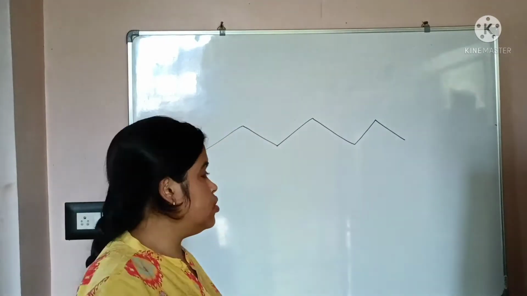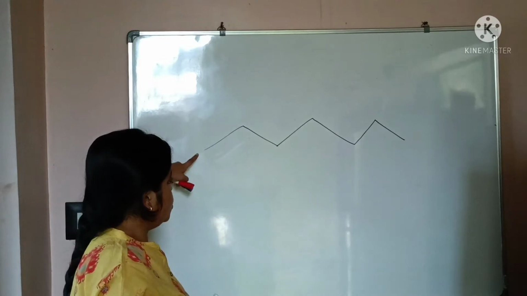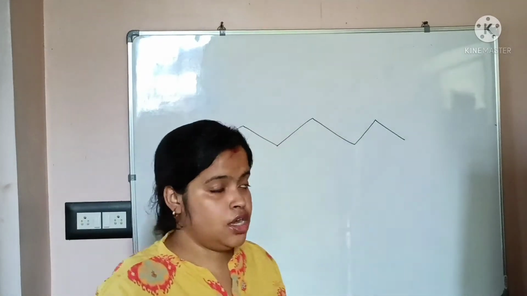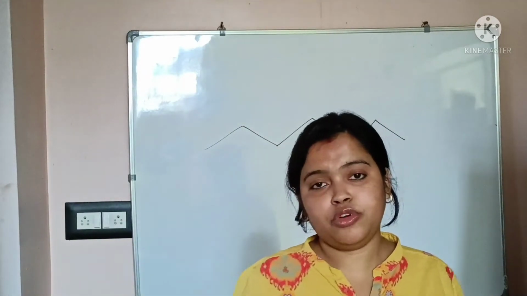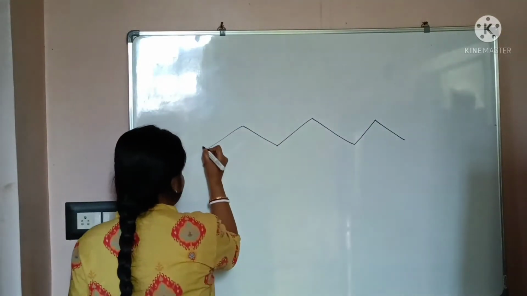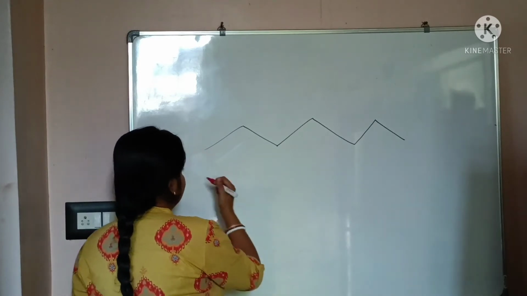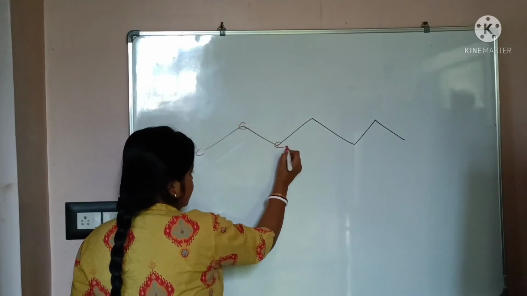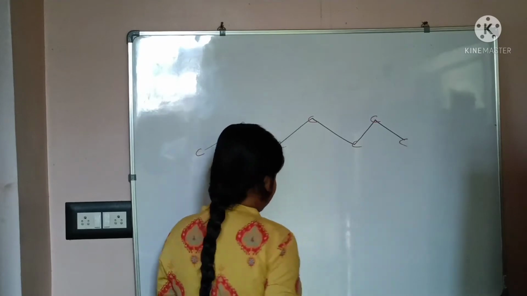In order to know where the carbon is present, you need to know that in this structure, all the corner positions and side positions should have carbon. So in this case, the carbons are present. Let me use some other color pen. So this is carbon, carbon, carbon, carbon, carbon, carbon, and this is carbon.